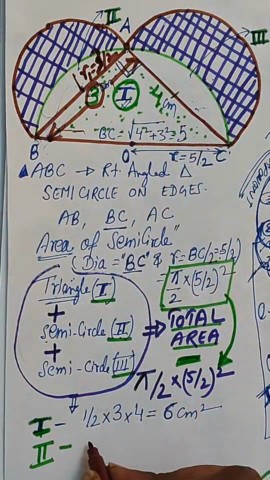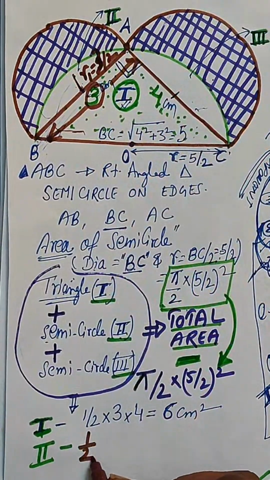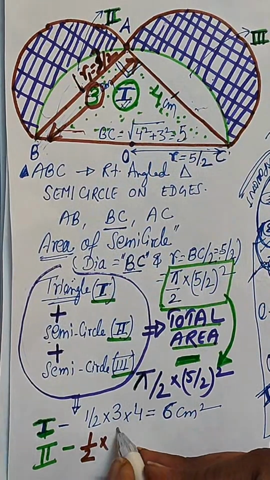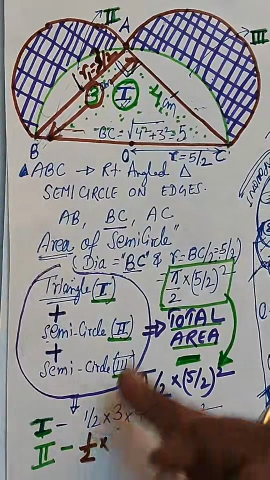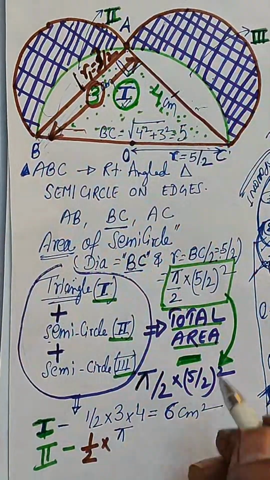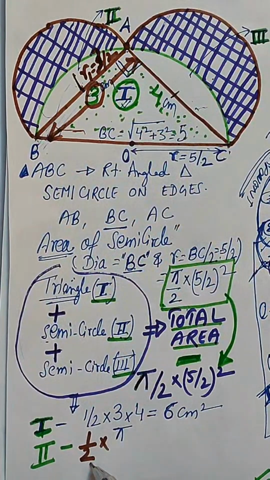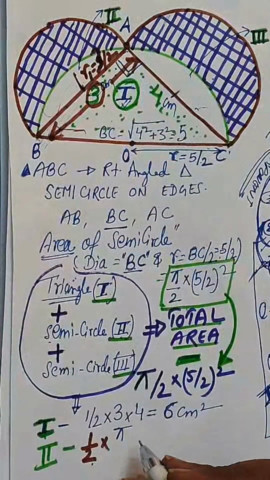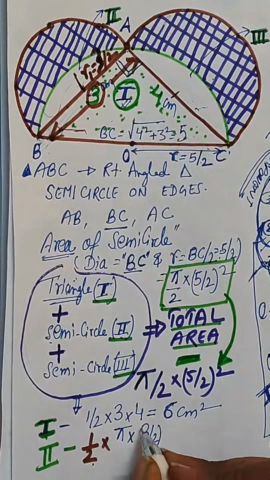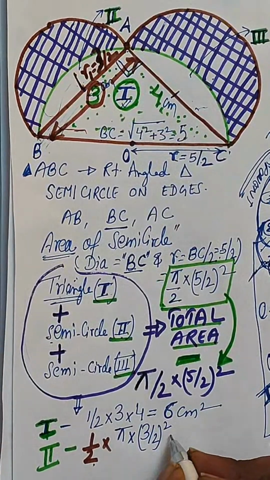So this will be half of the area of the circle, that is equal to pi r square. Half of the area of the circle, that is equal to pi r square, not semicircle. If you divide it by 2, it already becomes a semicircle, right? So into pi into 3 by 2 whole square, right?